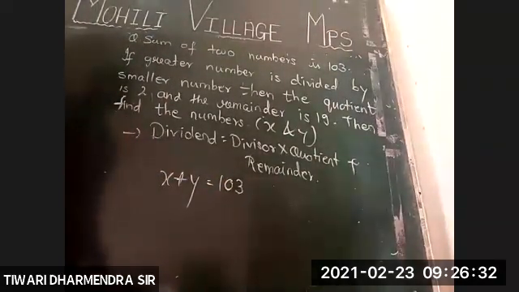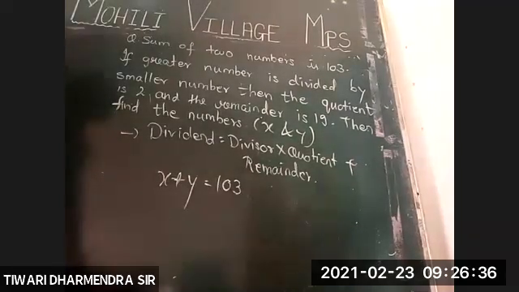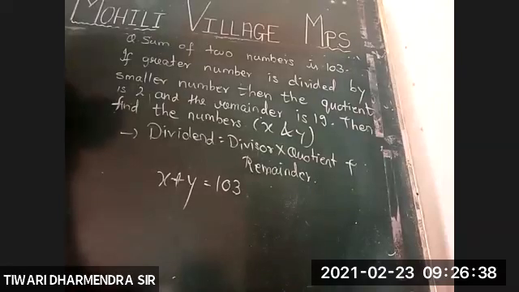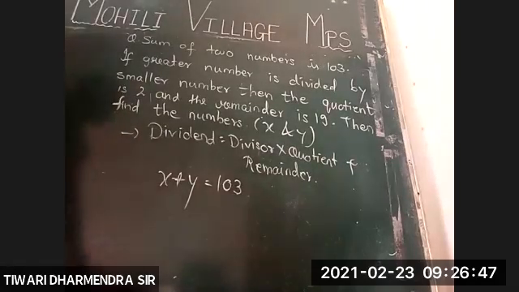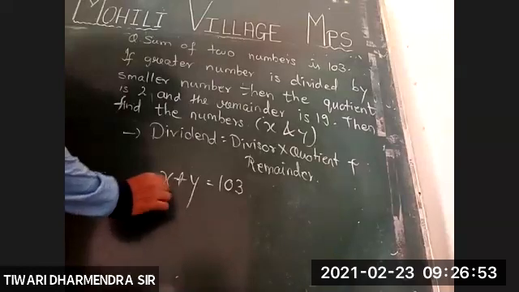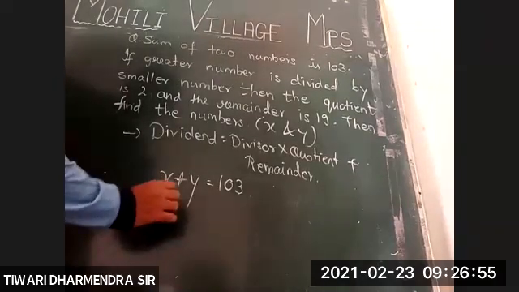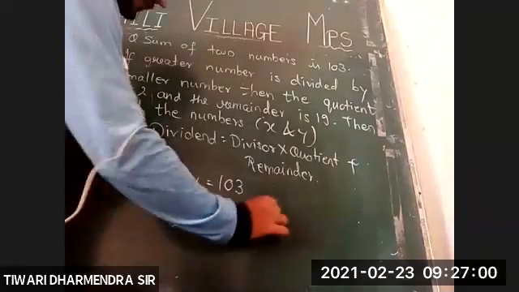You have to assume which one you are going to select as greater and which as smaller. Let the greater number be x and y be smaller.